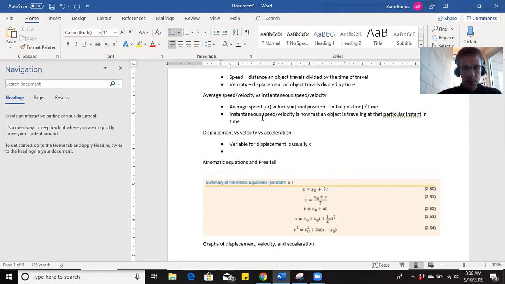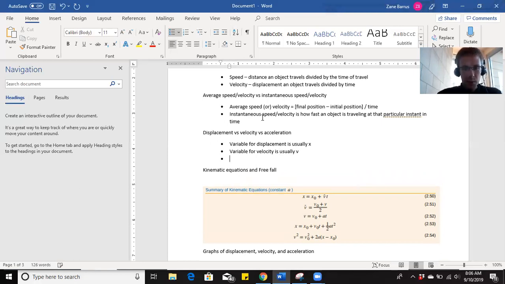The variable for velocity is usually v. And pretty obvious, the variable for acceleration is usually a.